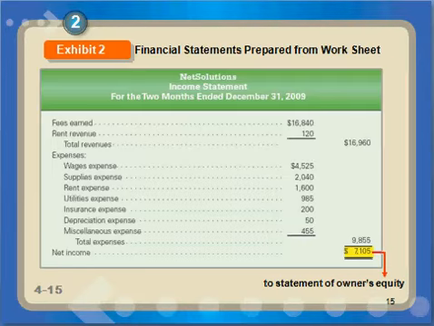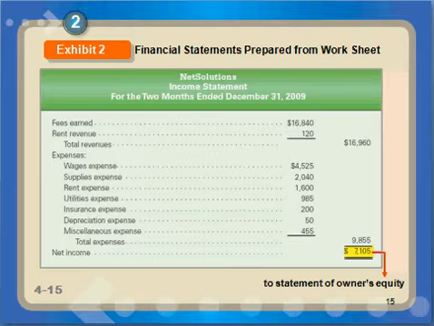And this shows our income statement for Net Solutions for the 2 months ended December 31st, 2009. Remember, Net Solutions started up on November the 1st, so they had 2 months in their year. And so they're closing out at this time and doing their income statement for those 2 months. For the 2 months, he had 2 types of revenue, so we put them in the left-hand columns.